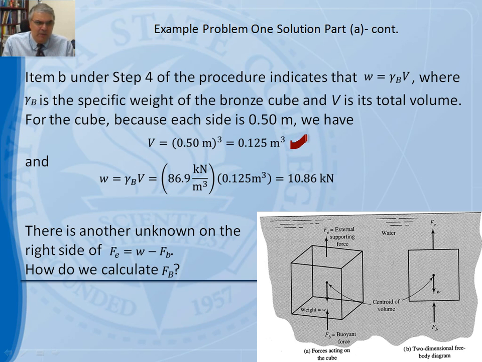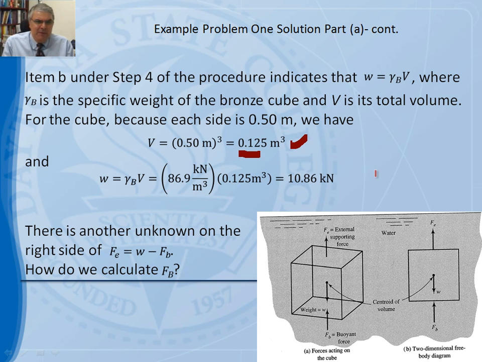The volume is 0.5 to the power 3. Remember, we're dealing with a cube, so we take that to the power 3, and the volume would be 0.125 cubic meter. Next, we are going to use this volume and multiply it by the specific weight of the bronze, and from there we calculate the W. Remember, we've done example problems in which we calculate W knowing the volume and the specific weight, or of course density.